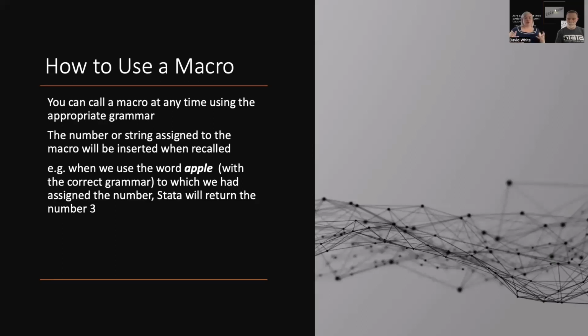So when you use that special grammar to call that macro, the result you'll get is what was contained in that word. If we ask Stata to display the macro apple, it will give us the number 3. If you ask it to display the macro orange, we'll get the text printed out, color of the sun. Right.